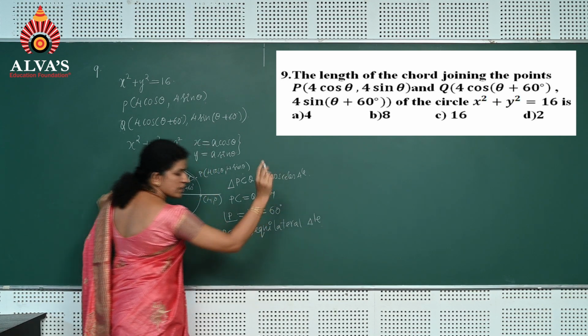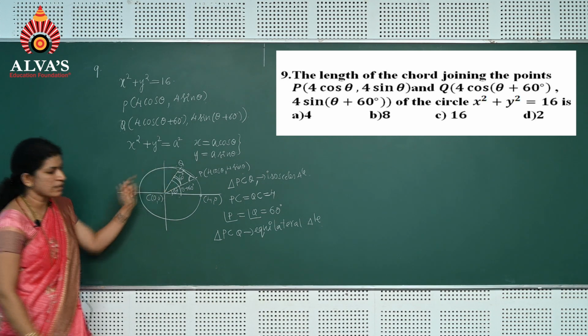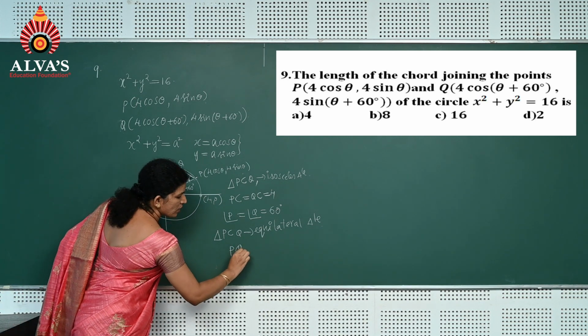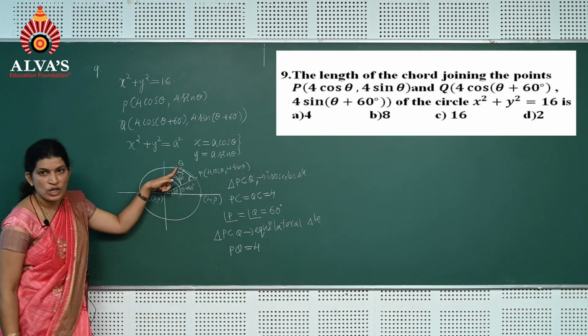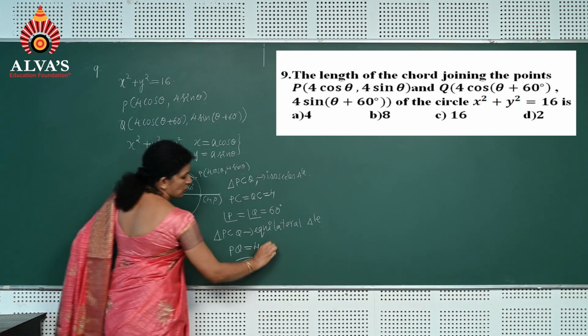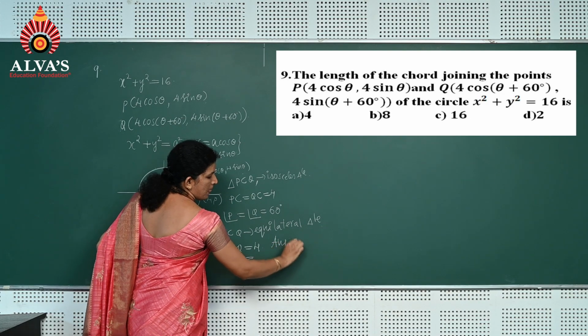We know in an equilateral triangle the lengths of all the sides are the same, so the length of the side PQ is 4, meaning the length of the chord PQ is 4, so the answer is A.